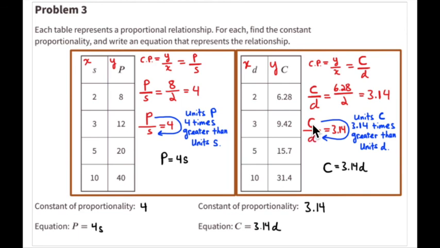So here's the equation. C is equal to 3 14/100 times d, and the constant of proportionality is 3 14/100.